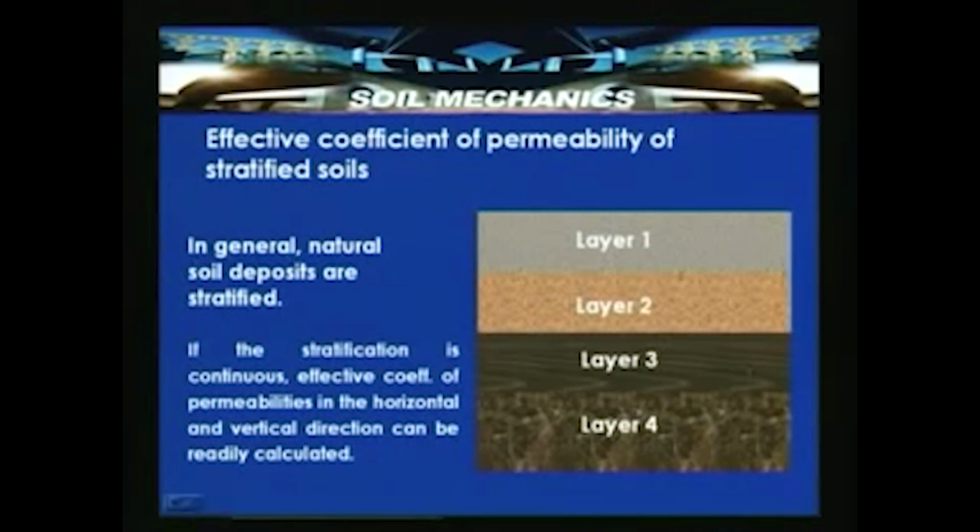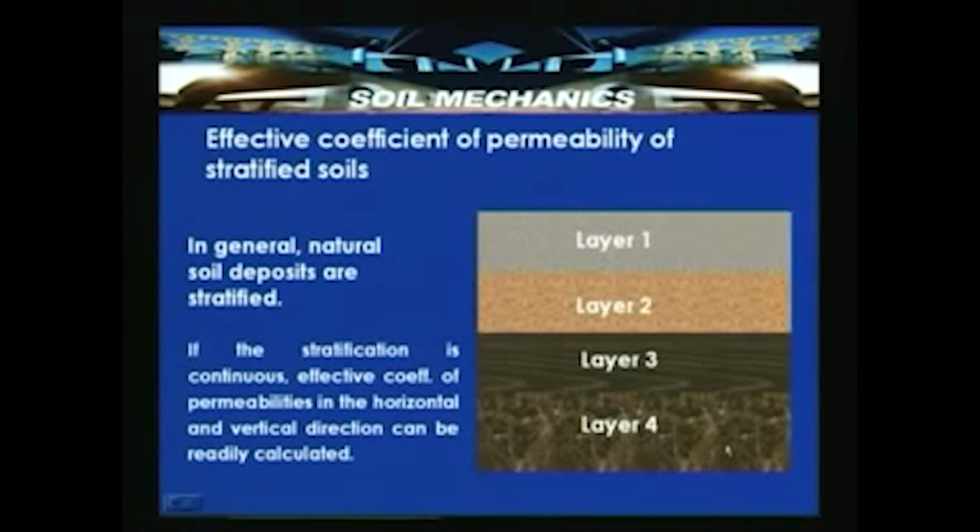If you look at this particular figure, there are 4 layers of soils shown. Layer 1 is a sand of certain type, layer 2 is sand of another type, layer 3 is clay, and layer 4 is also another clay of another type.